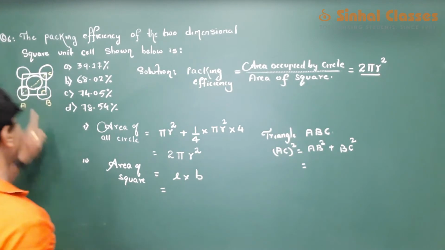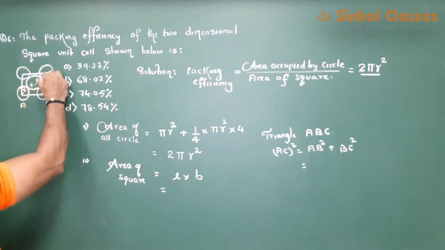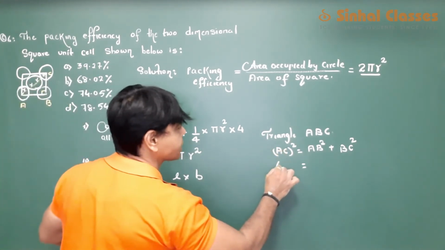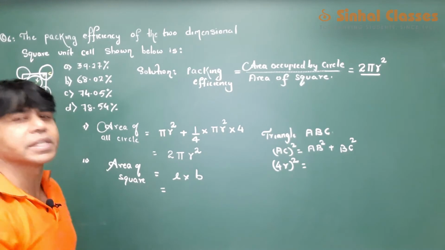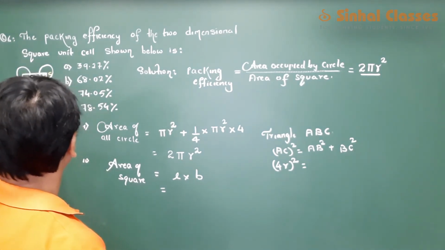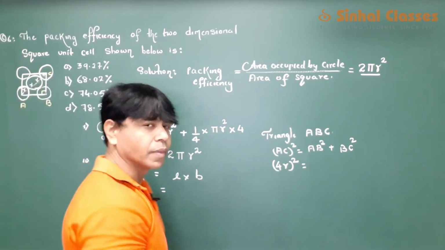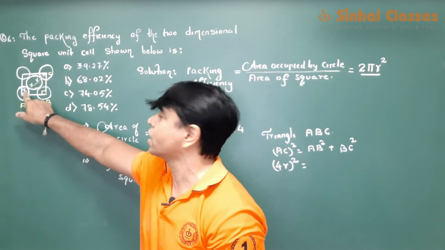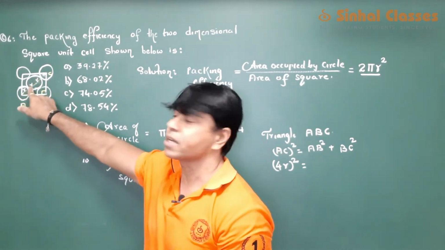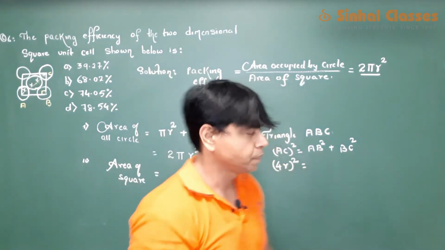Now when you see AC, it is radius plus 2r plus 1r, so in this case we can put 4r. Reason, we have taken the radius of this circle, the diameter of the inner circle and the radius of the top. So total comes to 4r.